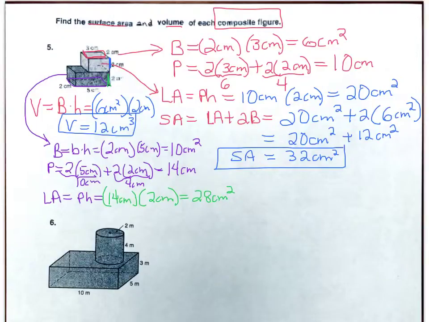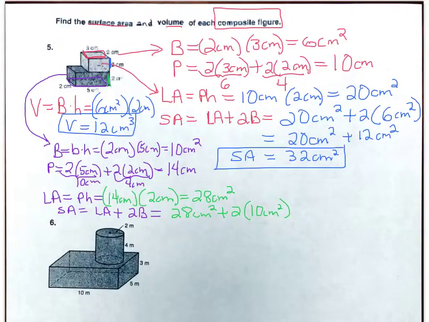Now, surface area. For the surface area, that is the lateral area plus twice the area of the base. And you get it from the formula on the surface area of a prism, okay? So the lateral area is 28 square centimeters plus twice the area of the base, and we had that the base was 10 square centimeters.